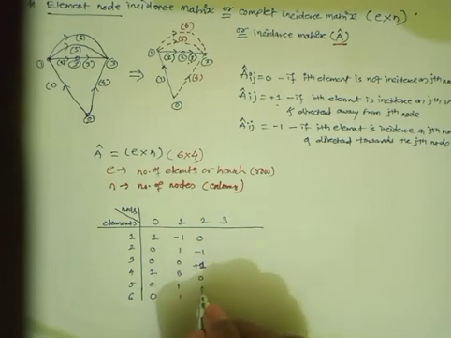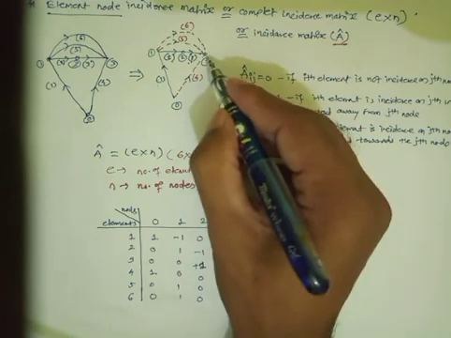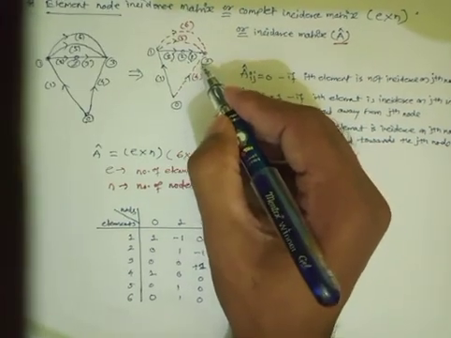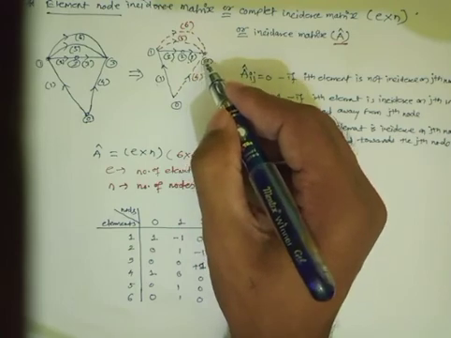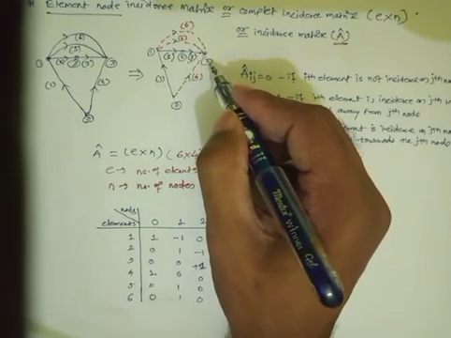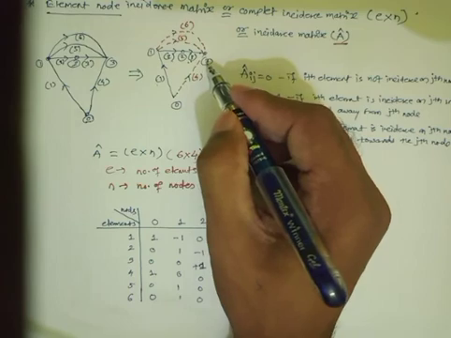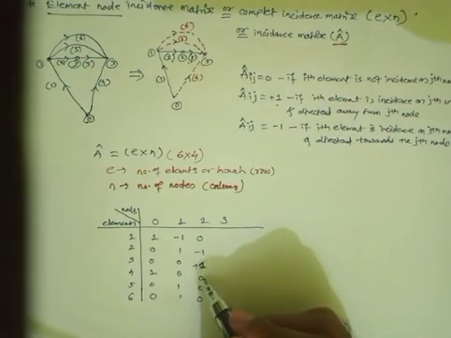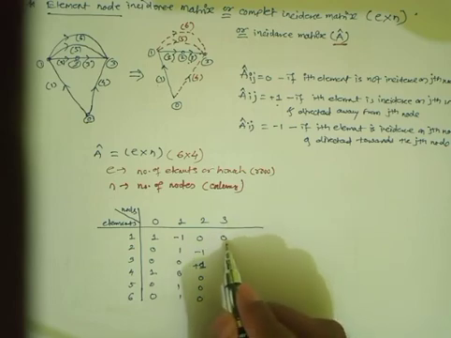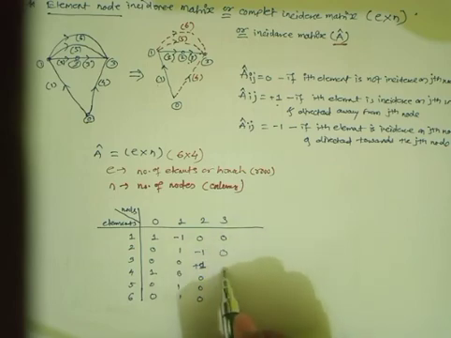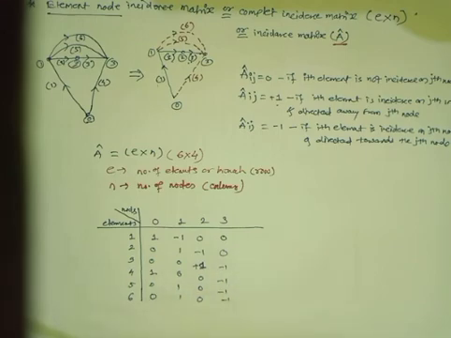The others will become 0. Similarly node number 3, again there are 4 branches associated, 6, 5, 3, 4, all towards this jth node, means all will become minus 1. The first and second branches are not associated, so they will be 0, and the others will be minus 1, minus 1, minus 1 and minus 1.